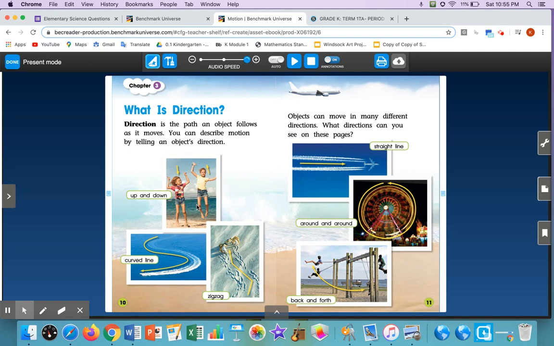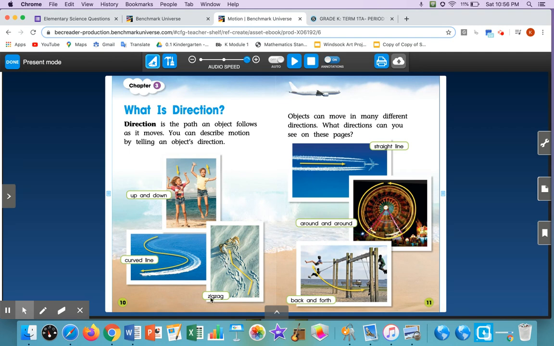So I'm going to stop and look at all the captions because captions always help me understand the story. I can see that the girls are going in different directions. She's going up and she's coming down, and that's what it says. Up and down is a direction. I'm looking at this picture and it's a curved line. The boat is moving in a curved way. Do you see it? And I'm looking at this picture with the crab, and the crab makes zigzag lines on the sand.